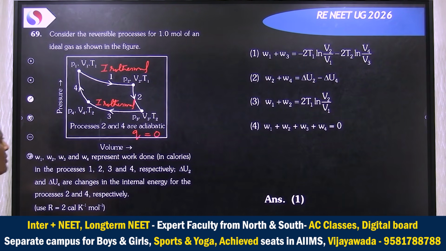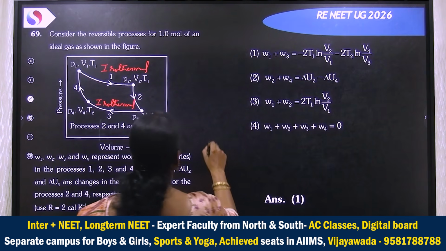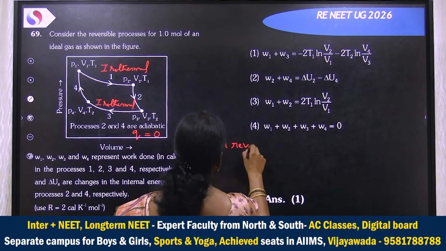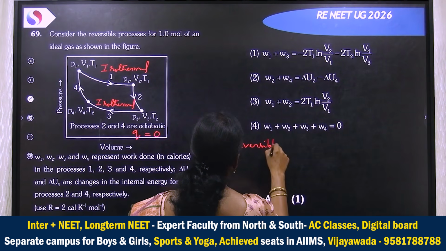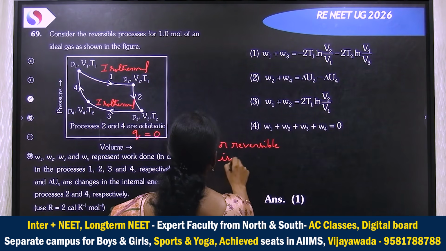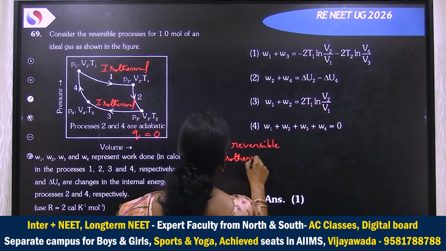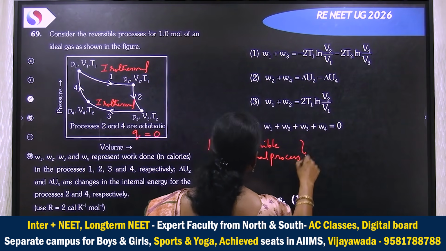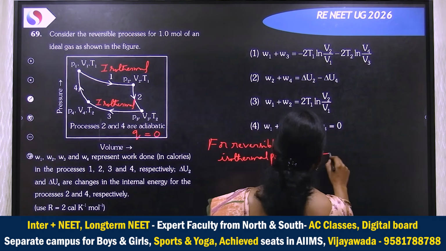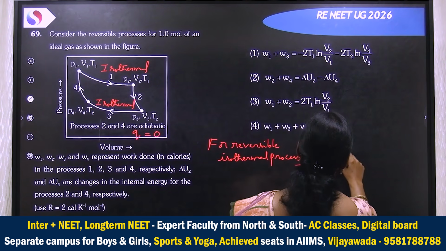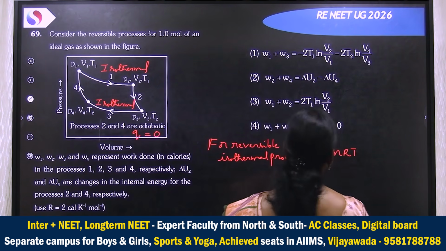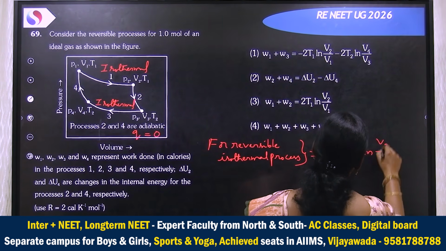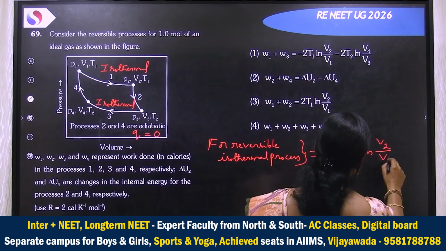For a reversible isothermal process, what is the work done formula? It is equal to minus nRT ln V2 by V1, V final by V initial.